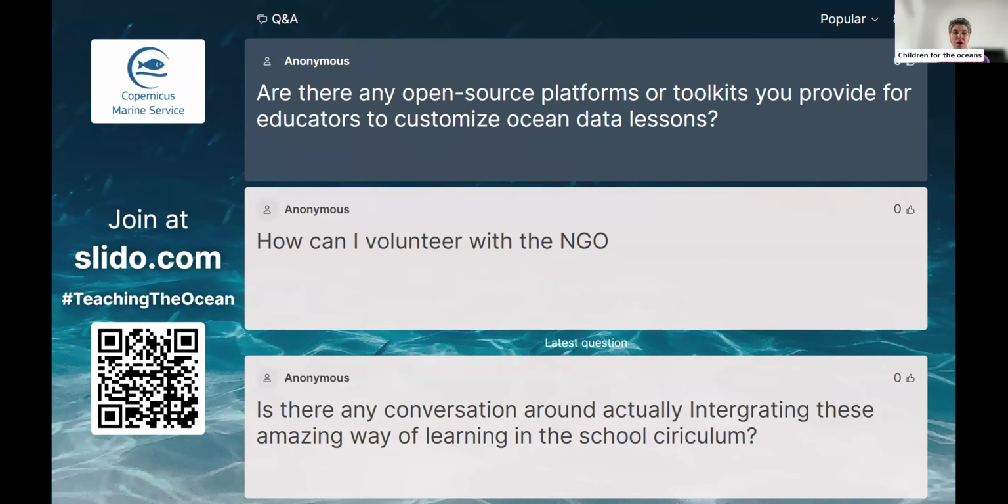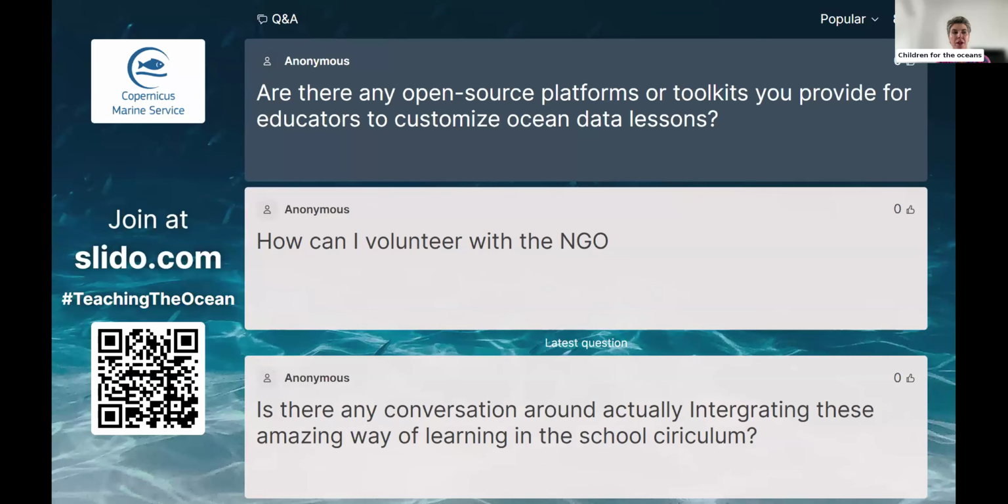These toolkits are more for young people, and we really try to make young people intervene in classrooms. That's the concept, and for sure we are really open to organizing even video calls with educators or teachers to help them, because what we realize is that in the curriculum there is not enough information on the ocean.